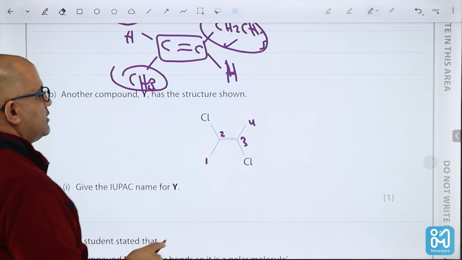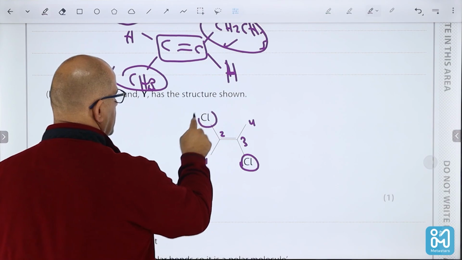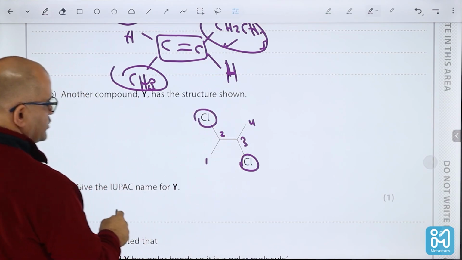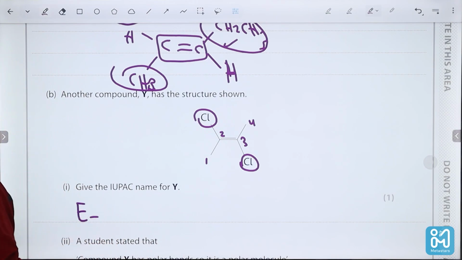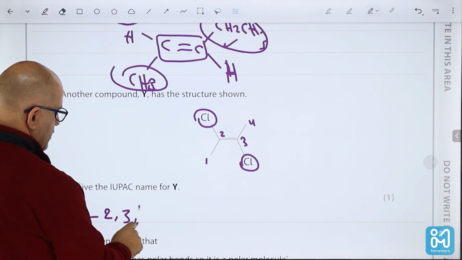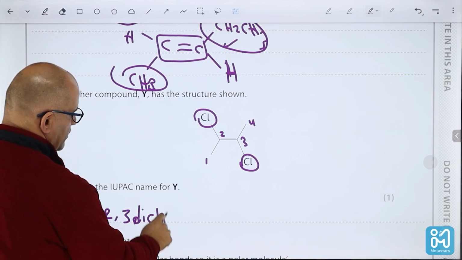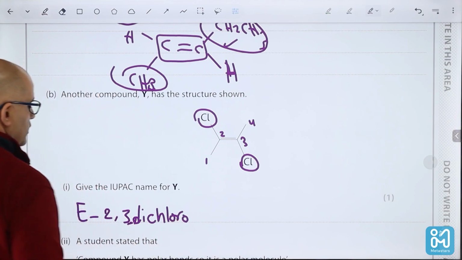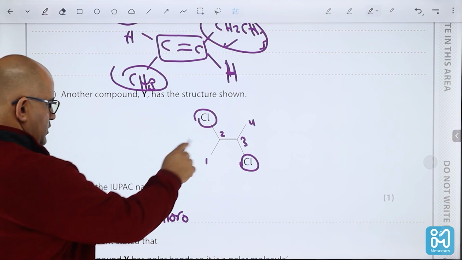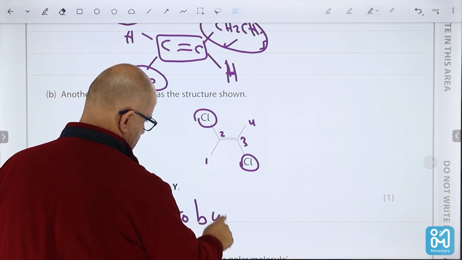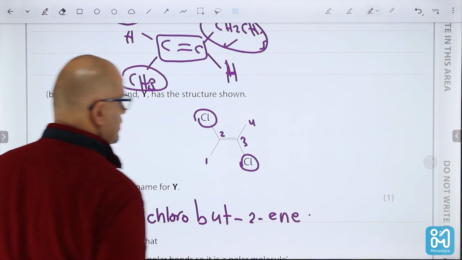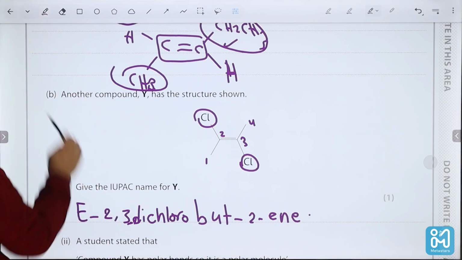And because the chlorine, the higher priority, is on the opposite side, and they are different, you can name it as E-2,3-dichlorobut-2-ene.